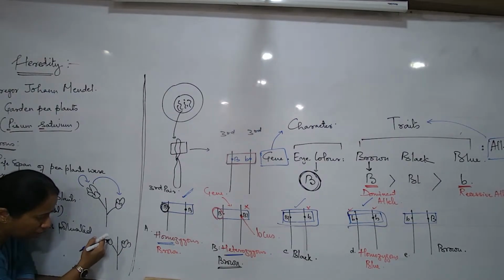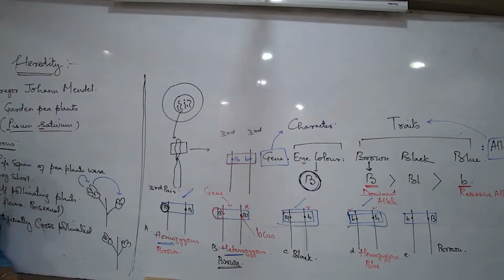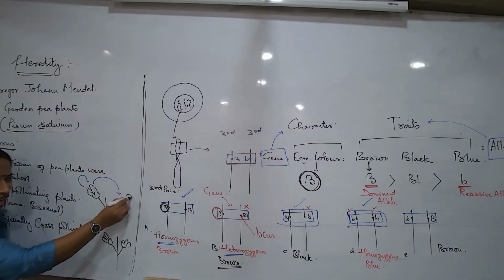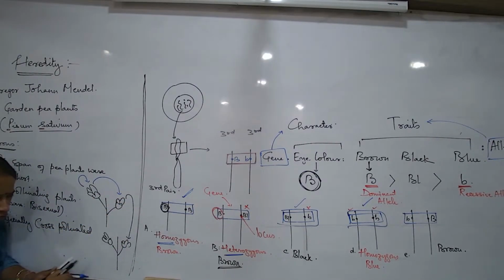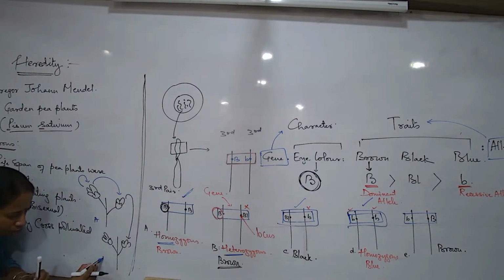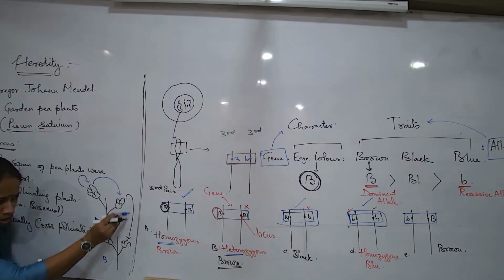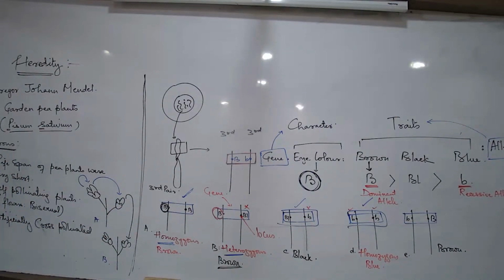When the pollen of this flower falls on the stigma of a flower on another plant, this is plant A, this is plant B, this process will be known as cross-pollination. When the pollination is between two plants, we call it cross. When the pollination happens within the same plant, we call it self.